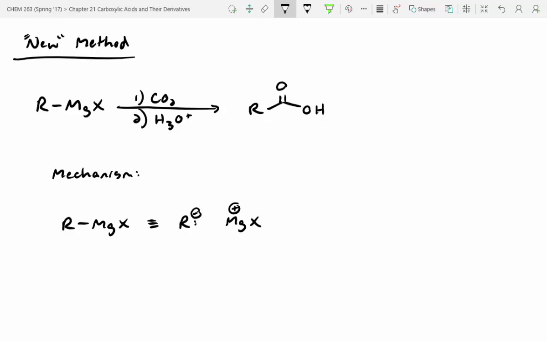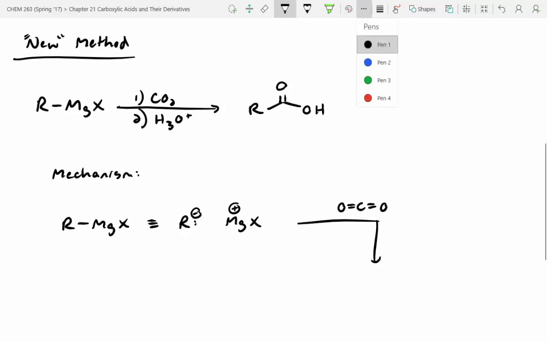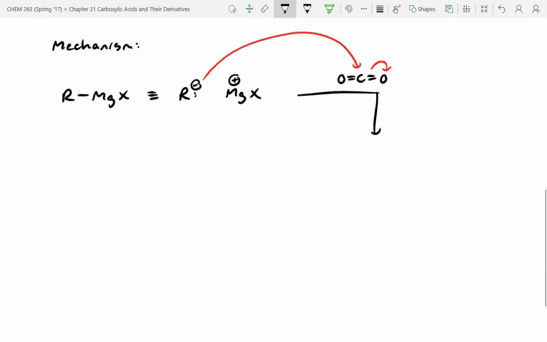And then we're going to react this with CO2, where this Grignard reagent is going to attack this carbon and kick up electrons onto the oxygen, giving you your carboxylate salt.